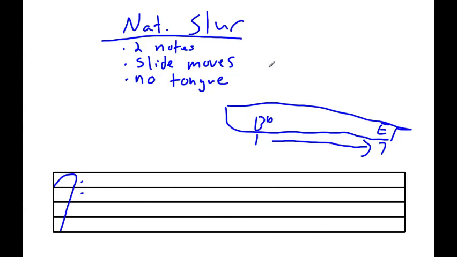The next floor up would be the F, the next partial, and that goes down to B. So we could call this the first floor.